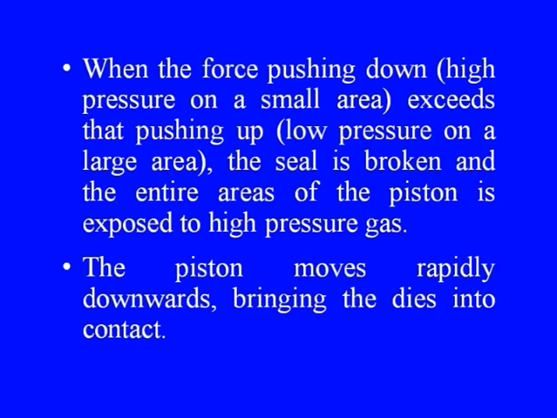When the force pushing down, that is high pressure on the small area, exceeds the force pushing up, that is low pressure on the large area, the seal is broken and the entire area of the piston is exposed to high pressure gas. The piston moves rapidly downwards, bringing the dies into contact.